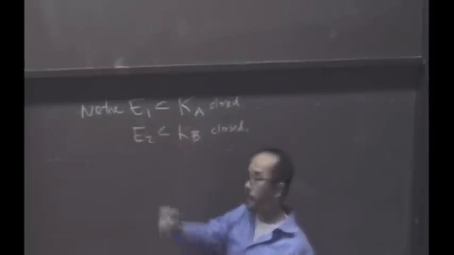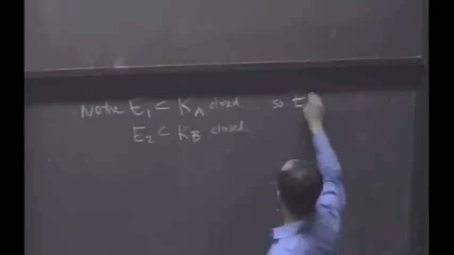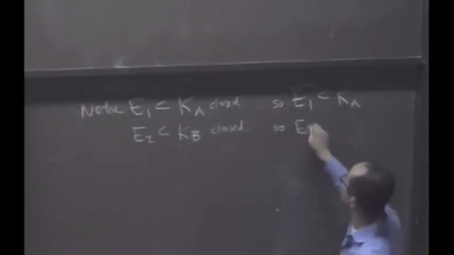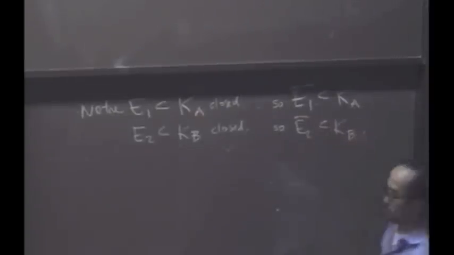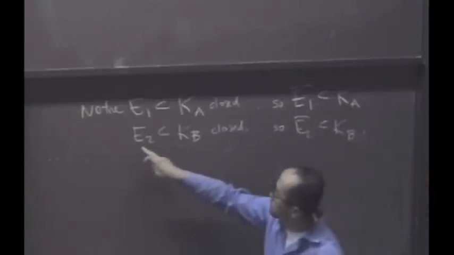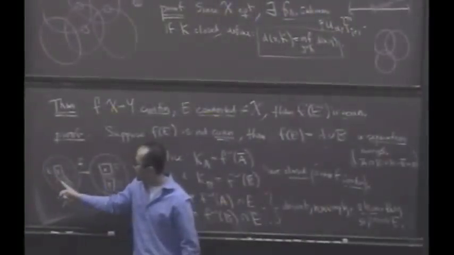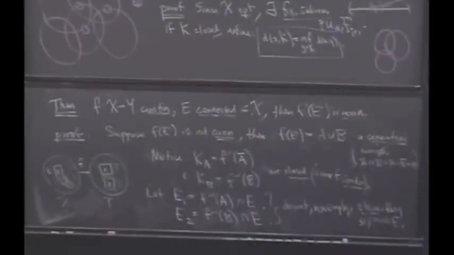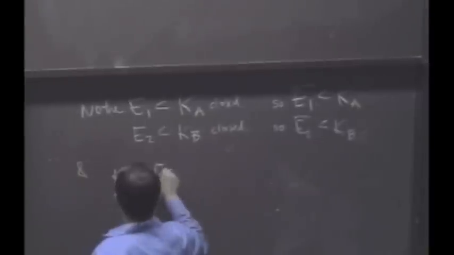So E1 closure is in KA. And E2 closure is contained in KB, yes? Okay, we're almost there. Why does E1 closure not intersect E2? Well, E1 closure is in KA. KA, I claim, does not intersect E2. And KA does not intersect E2. Why?